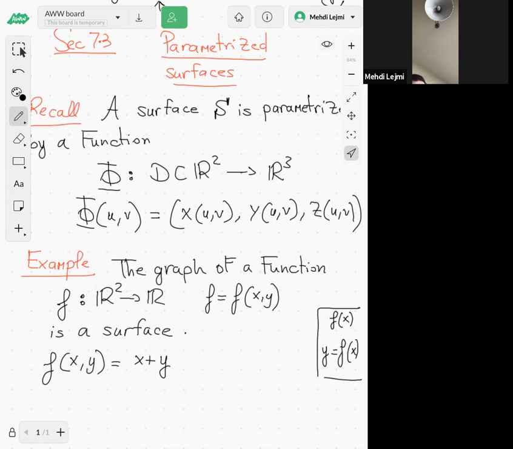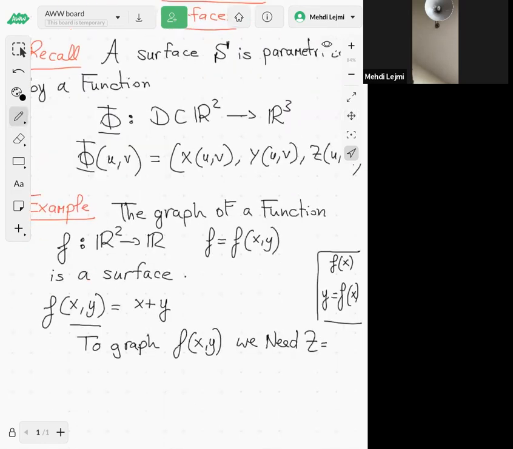In this case we have two variables, x and y. So if you want to graph this, you're going to need a third axis, a third coordinate. To graph f, we need a third axis, the z. So z would be equal to f of xy.